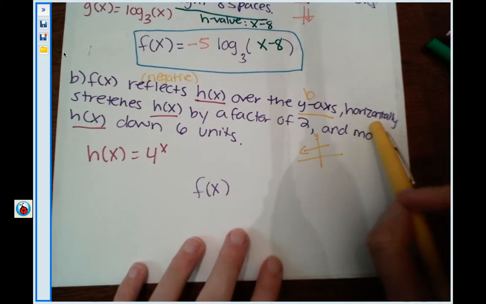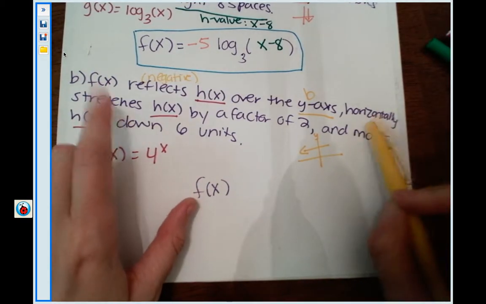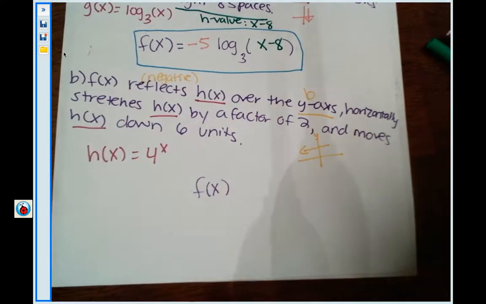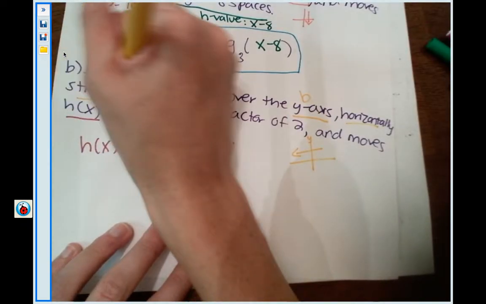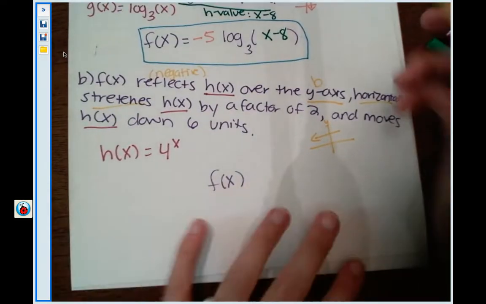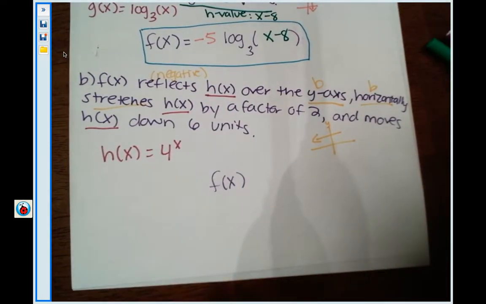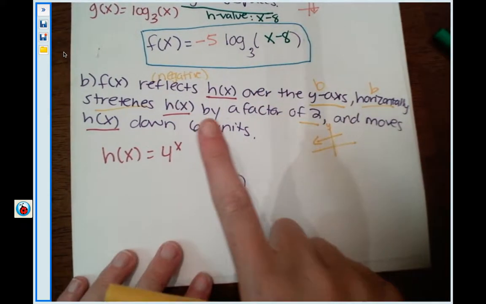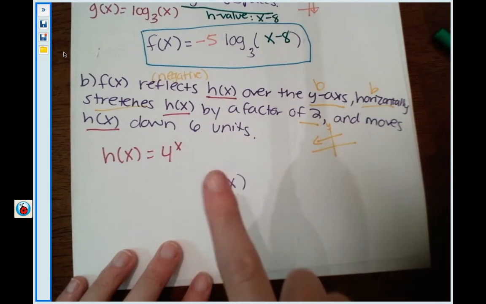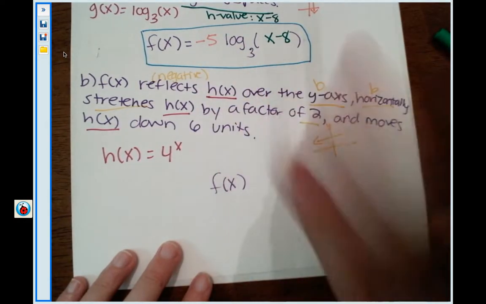And it says horizontally stretches. Anything that deals with horizontal stuff is going to be a b value, so this is also a b value. It horizontally stretches h of x by a factor of 2. And remember, with the b value you have to think the opposite, and we find the reciprocal of the b value.